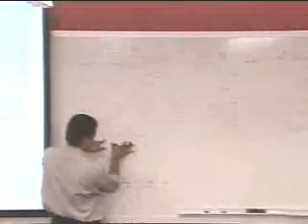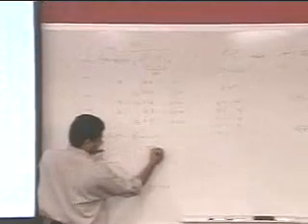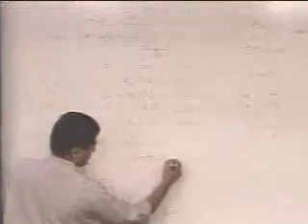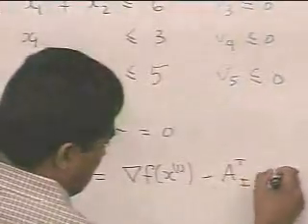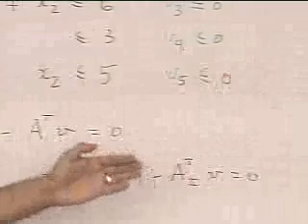So this particular expression is equal to the expression minus A transpose V, because here I have made sure that the other V's which are not active are 0, and therefore this entire expression is equal to this expression, which by here I know is equal to 0.